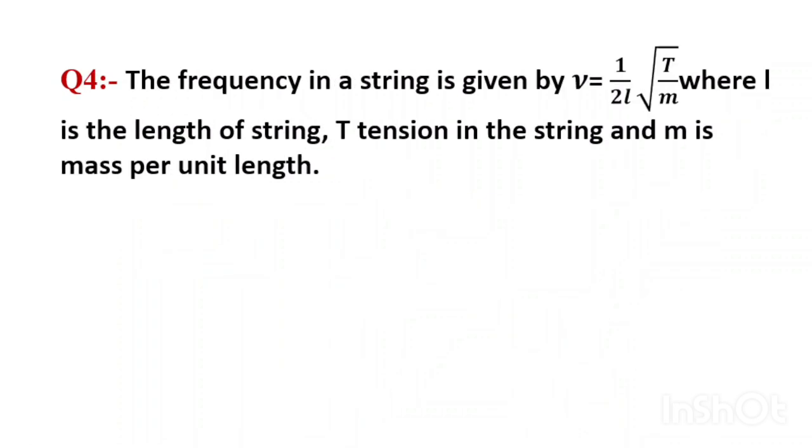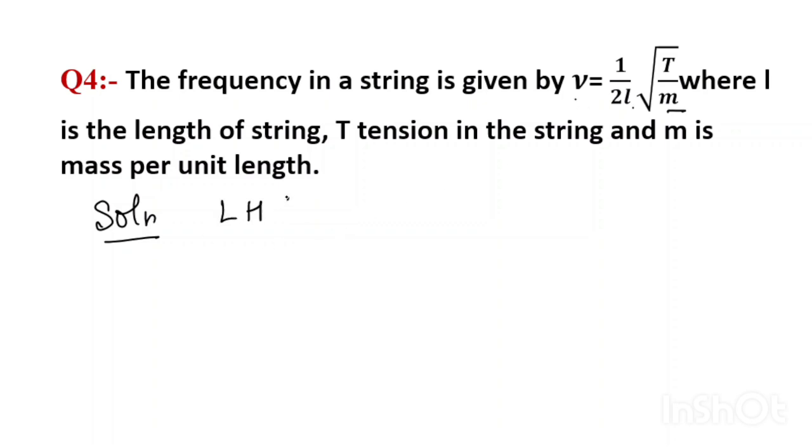Now we will discuss one more question. The frequency of a string is given by nu equal to 1 upon 2l root T upon m, where T is tension, m is the mass per unit length, l is length and nu is frequency.